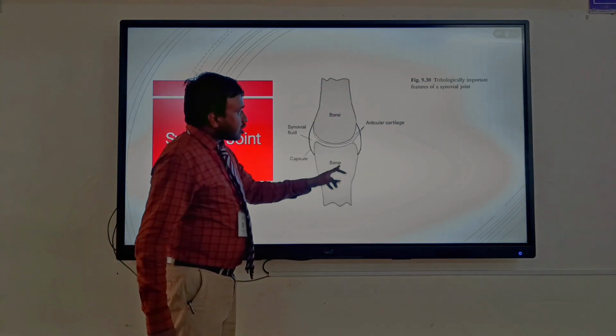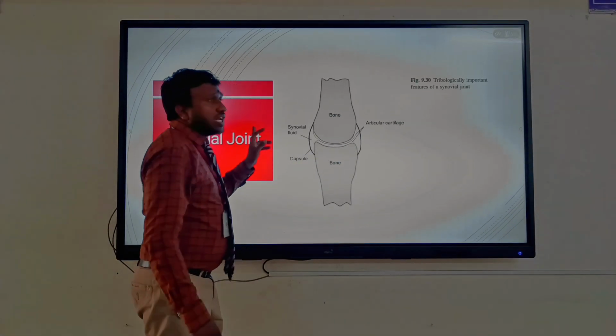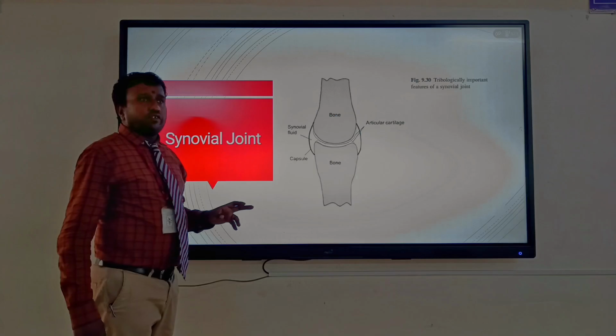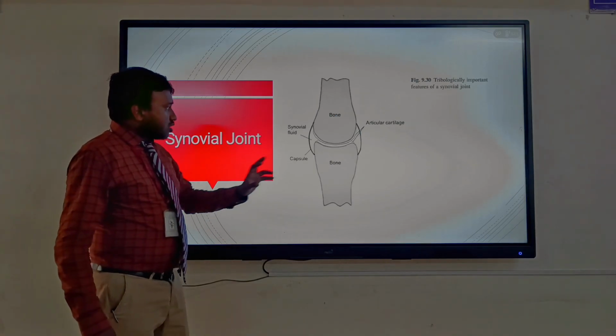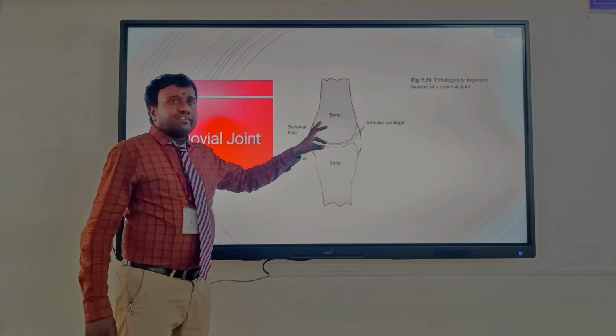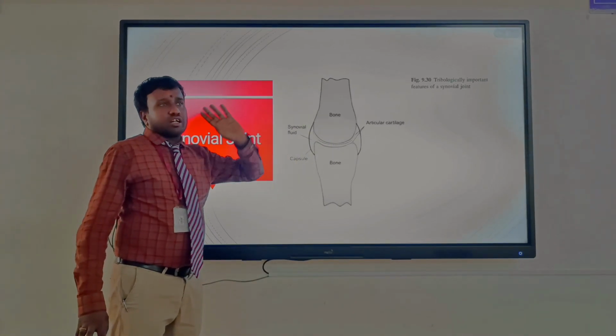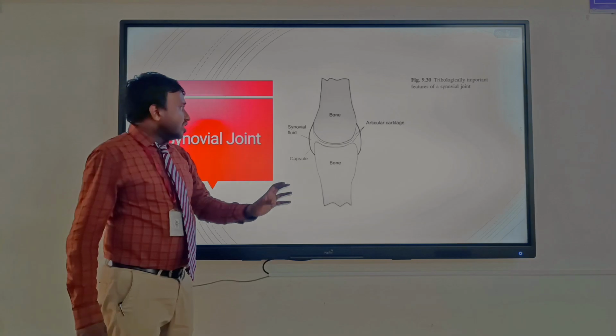Between the cartilage we have synovial fluid. Whenever there is movement in the joint, this fluid acts as a lubricant and reduces wear and the coefficient of friction. This is the synovial joint.